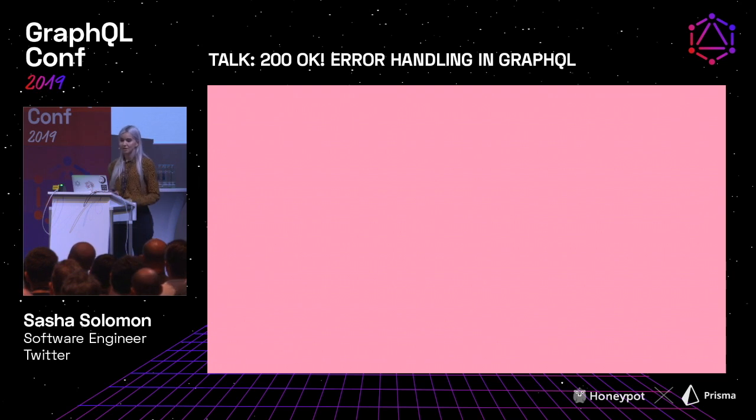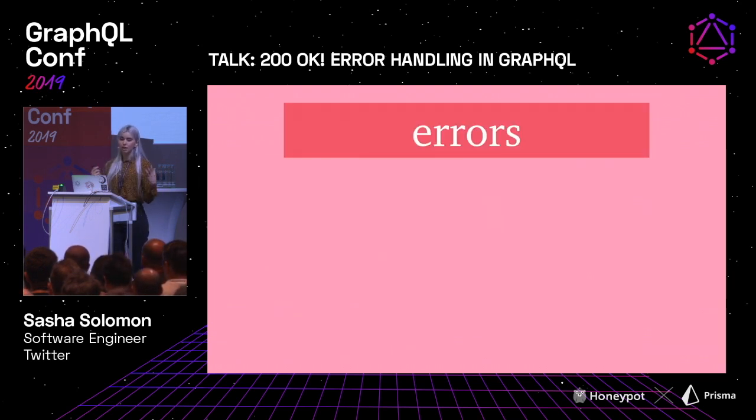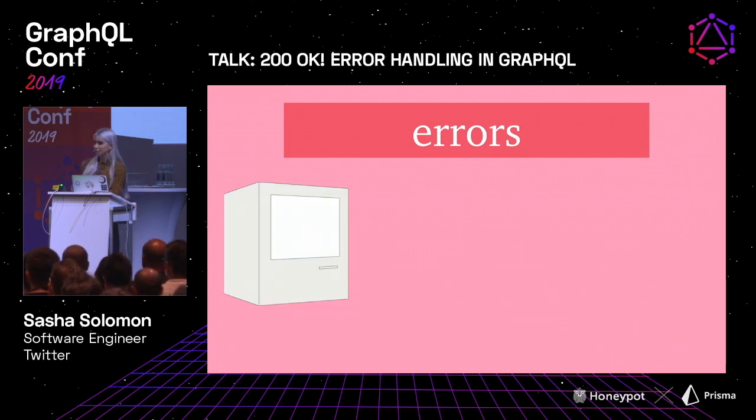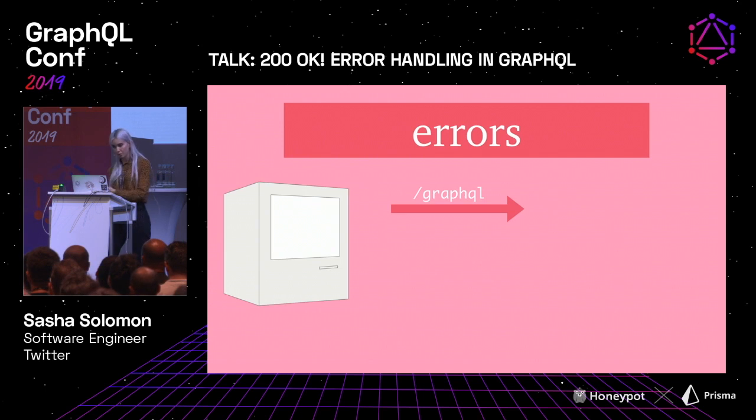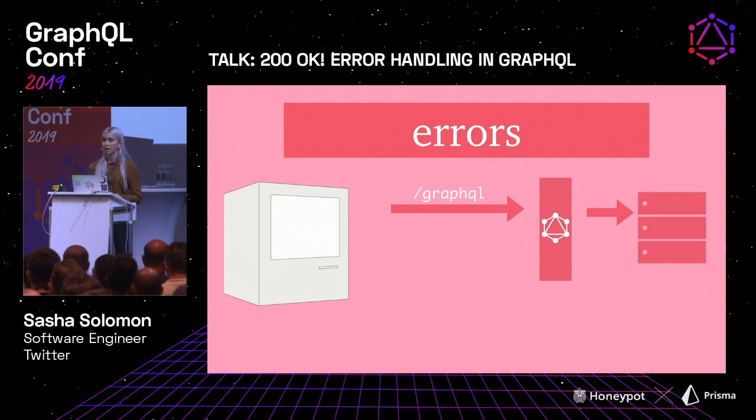Cool. So let's walk through why. Why is this the case? To reiterate, let's go through what happens when we get what we think of as an error. So we have our really fancy web client here. We're going to make a query to the GraphQL endpoint, to our GraphQL gateway or maybe our GraphQL server, and that'll probably make a request to one of our microservices or our backend.